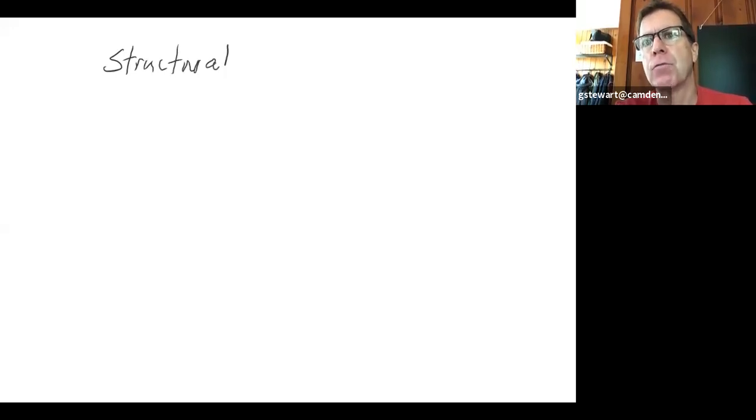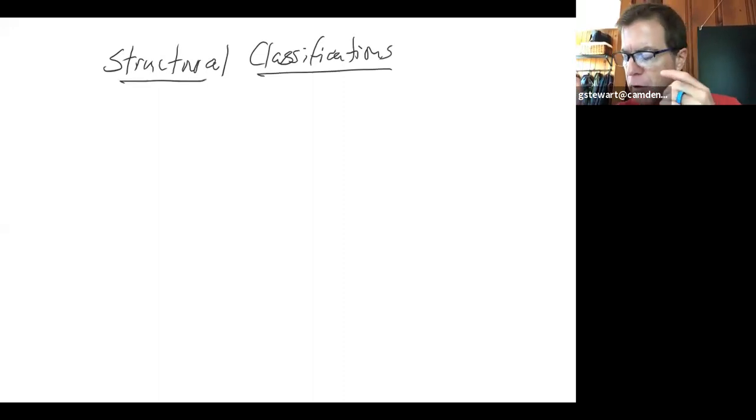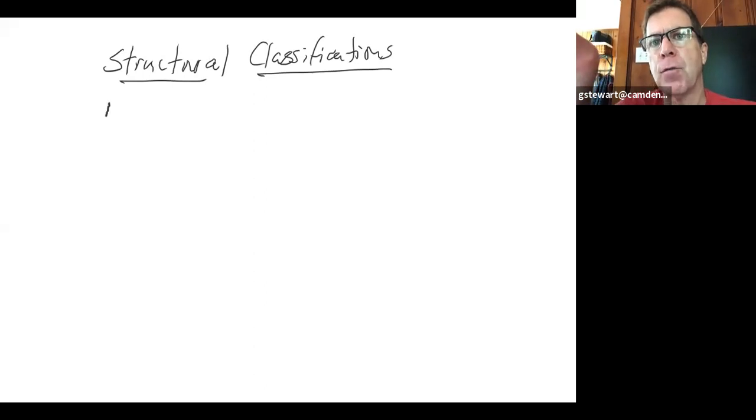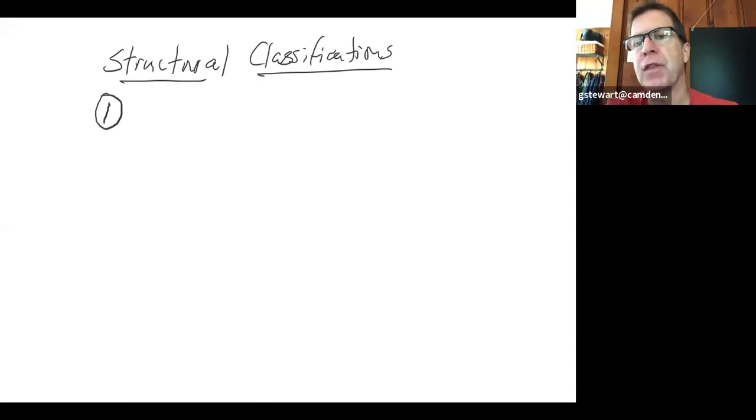So now we're doing structural classification of joints. This is more complicated than functional classification. So I'm going to use large number 1, large number 2, and large number 3. There's 3 main structural classifications, but then there's subgroups within those.